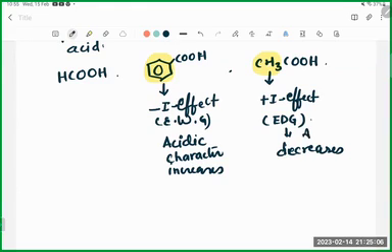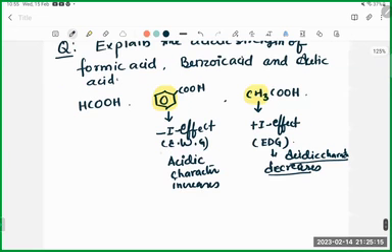Hridaya, are you able to understand? Yes, ma'am. Acidic character decreases here, and acidic character increases over here. Now let me talk on the carboxylic acid, formic acid. When we are talking about formic acid, it obviously contains hydrogen, so it is more acidic than all others.